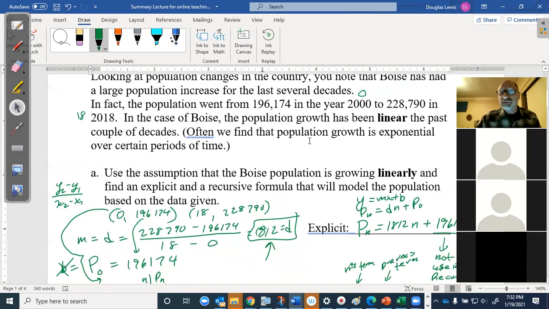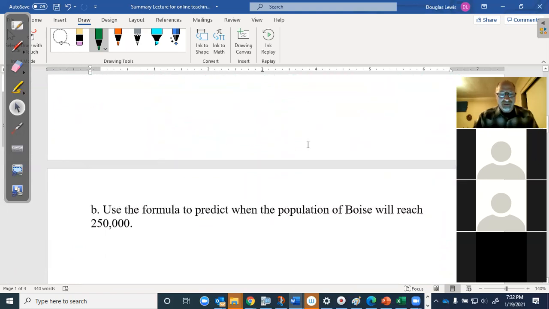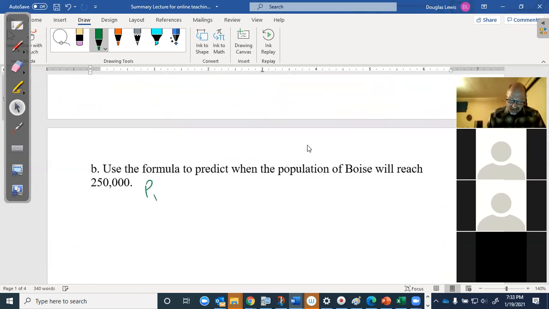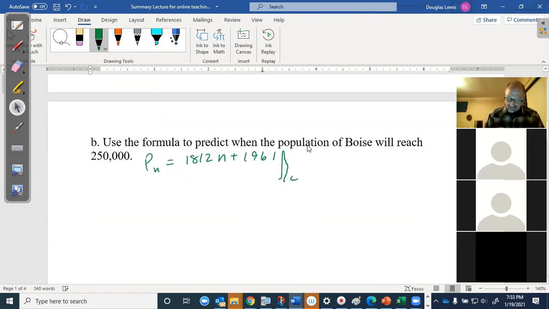But to use an explicit formula, P sub n is equal to 1812n plus 196,174, set equal to 250,000.